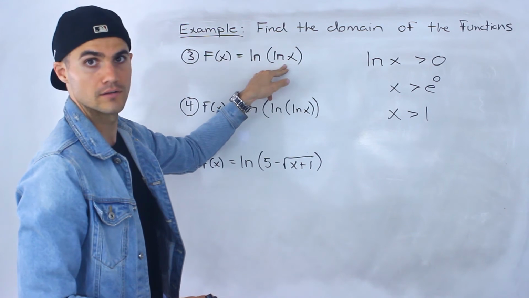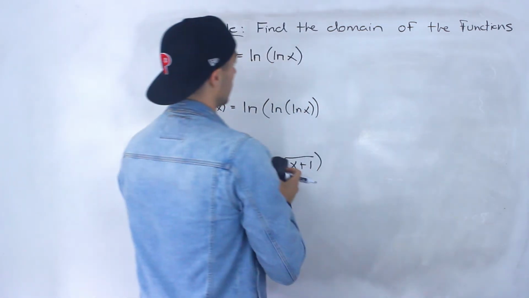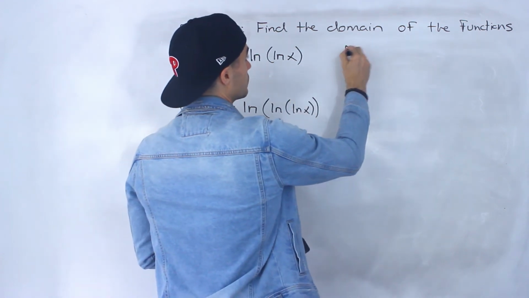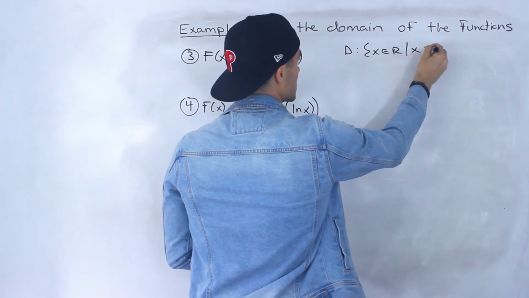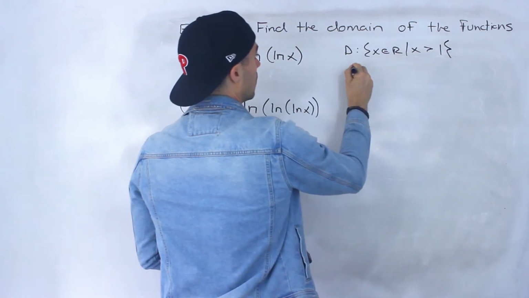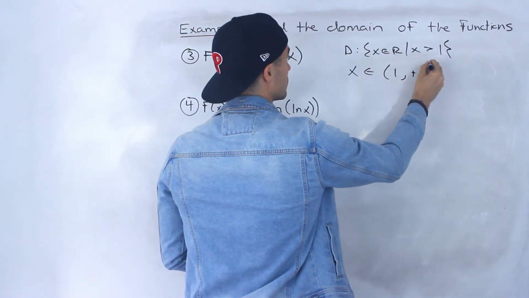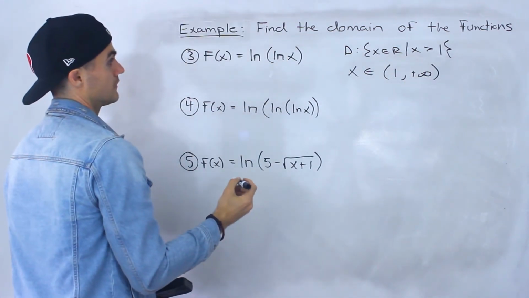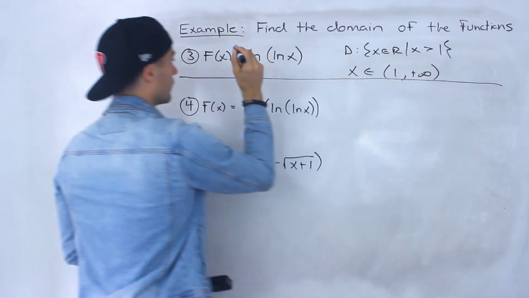Can't take ln of a negative number. Right, so x has to be greater than 1 for this function. So if we rewrite this in a proper format, we could just say x is greater than 1, or we could say x is an element from 1 to positive infinity, like that. Right, so that's the domain for function 3.